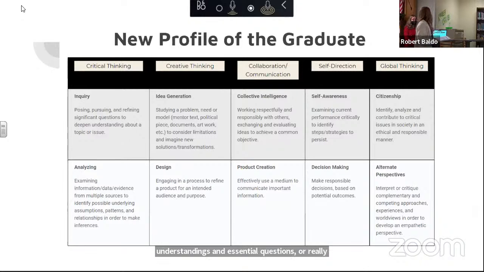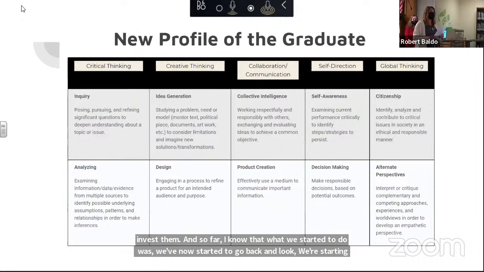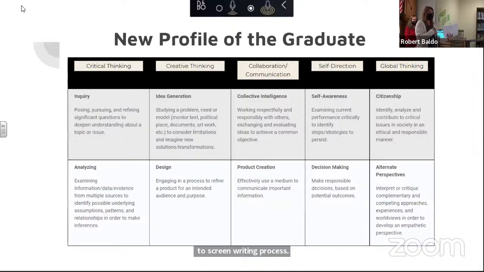And so far, I know that what we started to do was we've now started to go back and look at the curriculum, and we're starting this rewriting process this year. It's going to take us some time, but we're going back and we're realigning all of our documents with all of the new profile of the graduate capacities and all the new transfer and all the new enduring understandings and essential questions. And what we're seeing is that that alignment is definitely better than where it was.